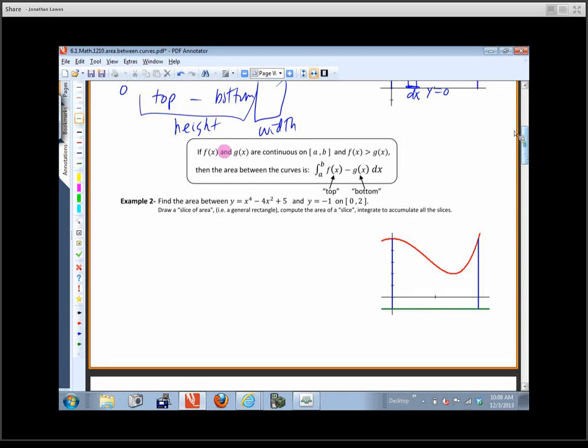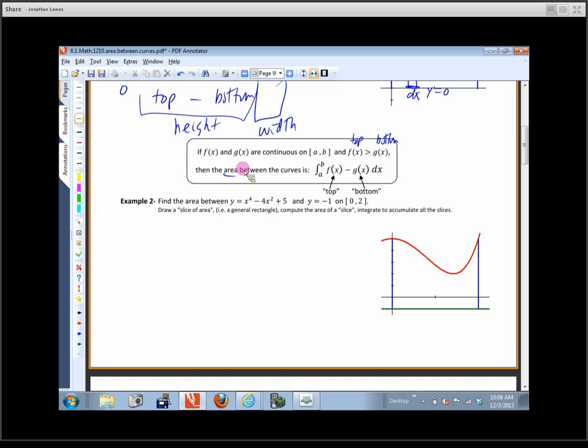So this little theorem says if f of x and g of x are continuous on this closed interval from a to b, and f of x is greater than g of x, so that's on the top, and that's on the bottom, then the area, and notice it says area, it doesn't say net area, it says area. Okay?